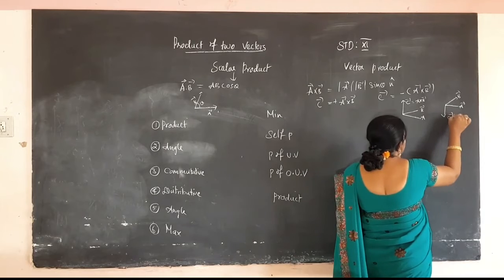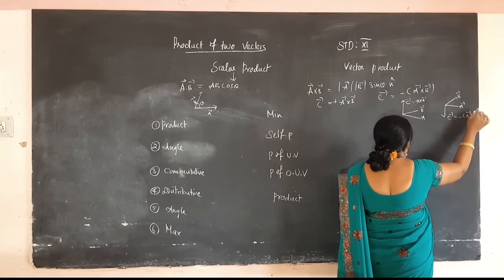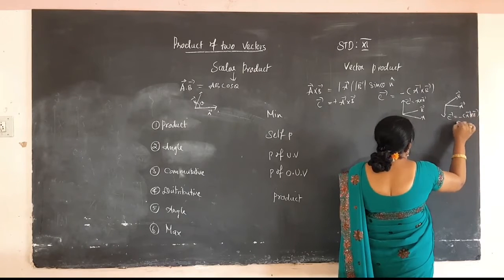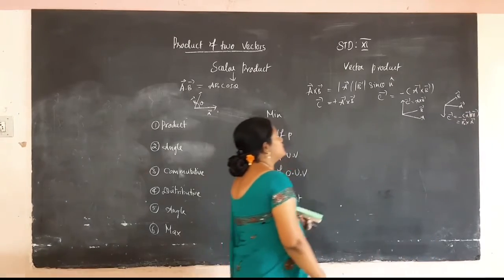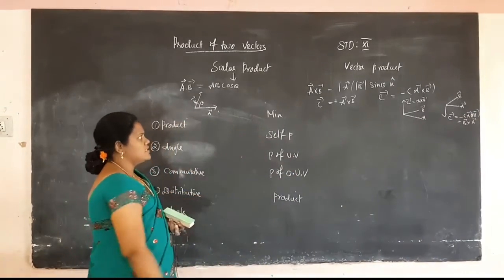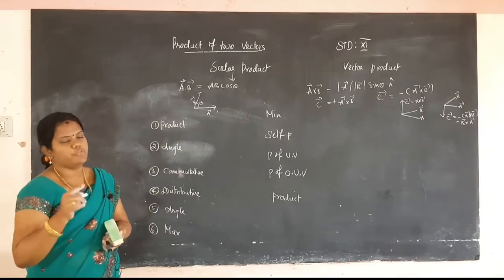So the resultant vector C is equal to minus A cross B, or B cross A. This is the way that we easily calculate the direction of two vectors.